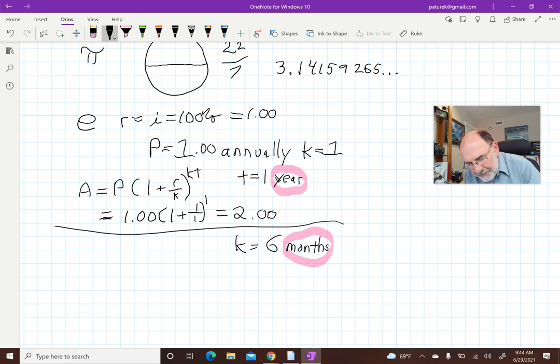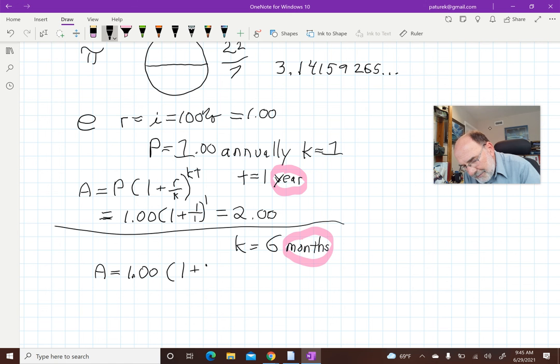The amount that we end up with is equal to 1, so we're starting off with 1, times 1 plus. Now, if the interest rate is 100% per year, then in half of a year, the interest rate is only going to be 50%.